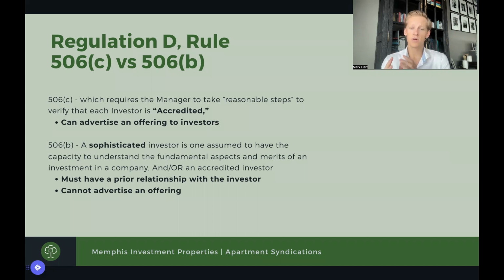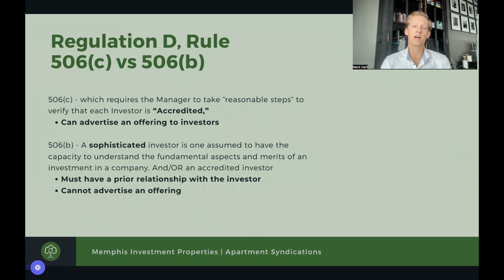And so essentially what that means is you have to be an accredited investor to be able to invest in the individual offering, right? You'll go to your CPA, or you can go to a company like verifyinvestor.com, and they can get you a nice formal letter that says that you are accredited.